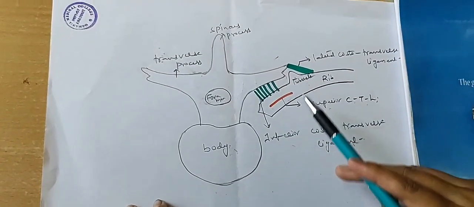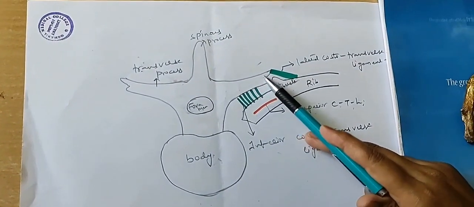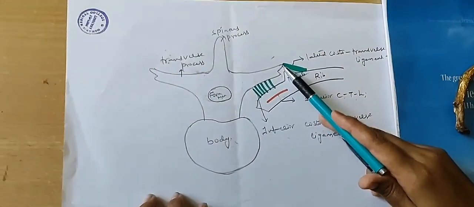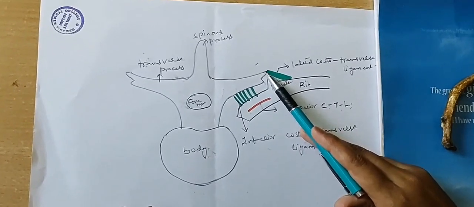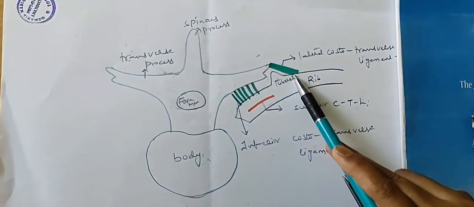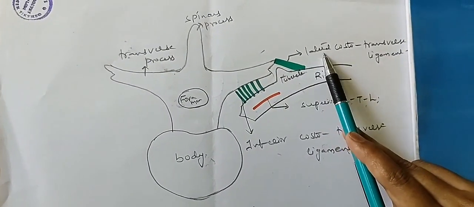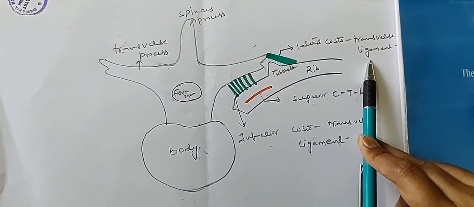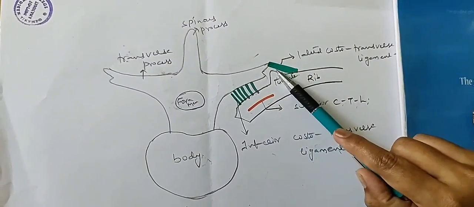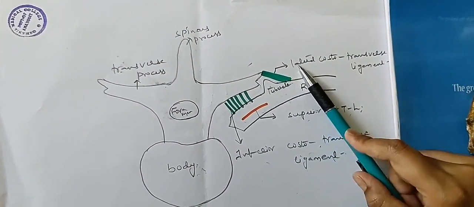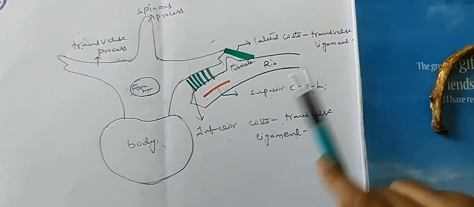Now coming to the attachments to the transverse process of these thoracic vertebrae. The tip of the transverse process is connected to the non-articular part of the tubercle of the numerically corresponding rib by the lateral costotransverse ligament.